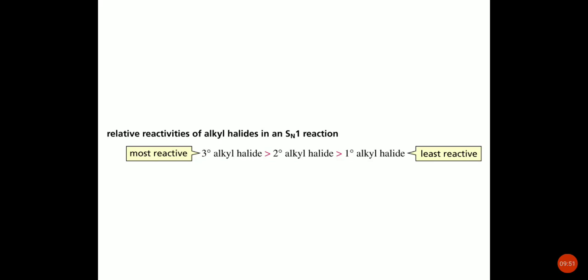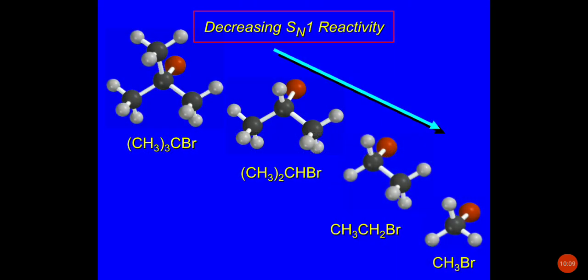That means tertiary alkyl halide will have the most reactivity, most reactive. Then secondary alkyl halide. The least reactive alkyl halide is primary alkyl halide. So the order of reactivity is tertiary alkyl halide greater than secondary alkyl halide greater than primary alkyl halide.